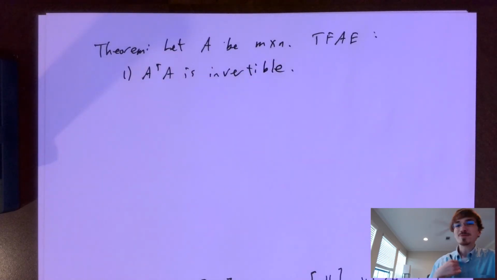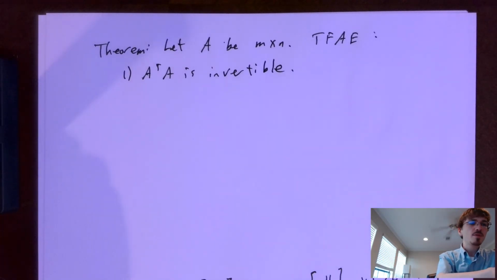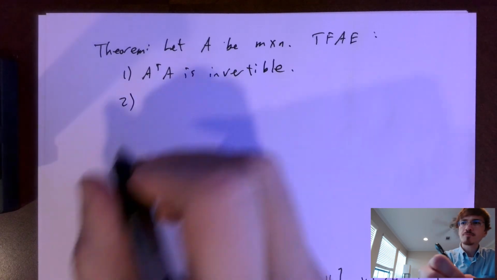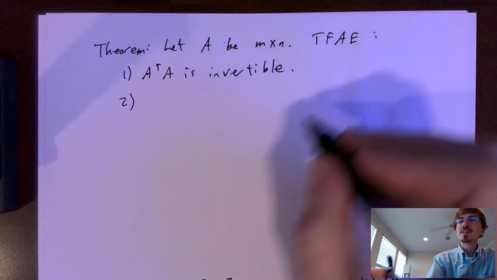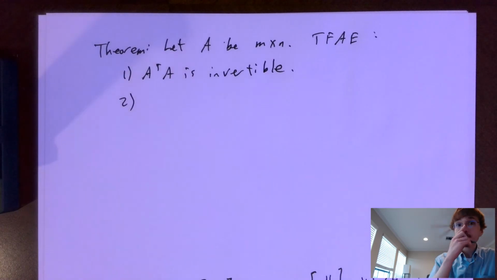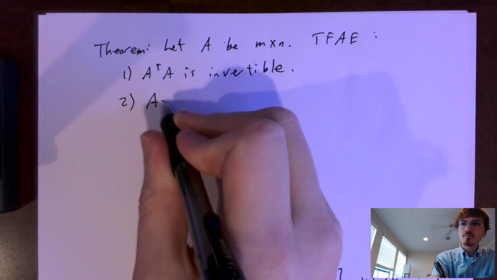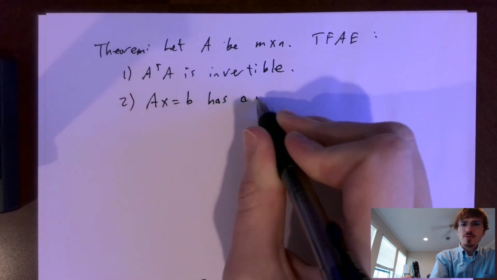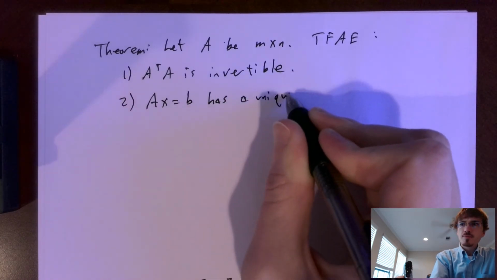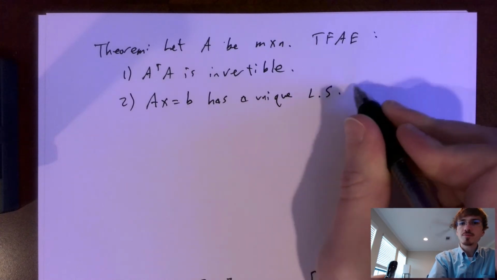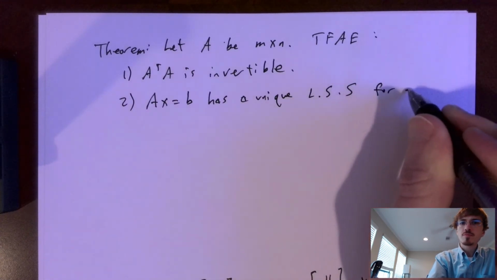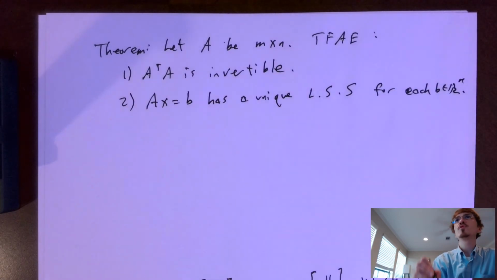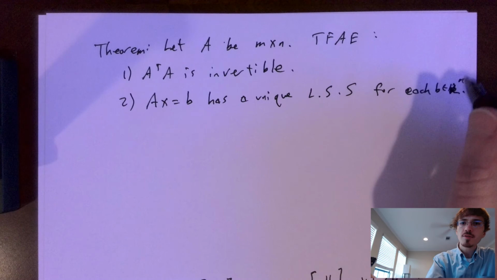Well, if A transpose times A is invertible, what does that mean? 2. That means that the normal equation has a unique solution. So Ax equals b has a unique least square solution for each b in R^m.